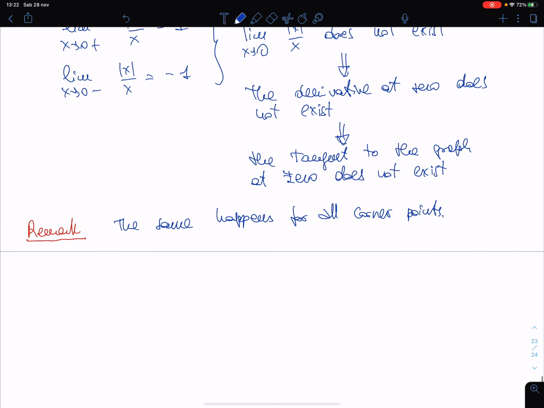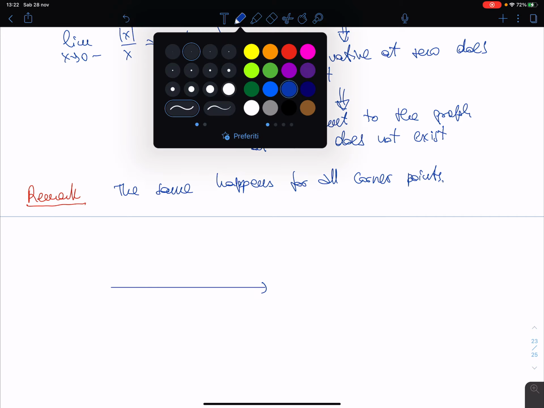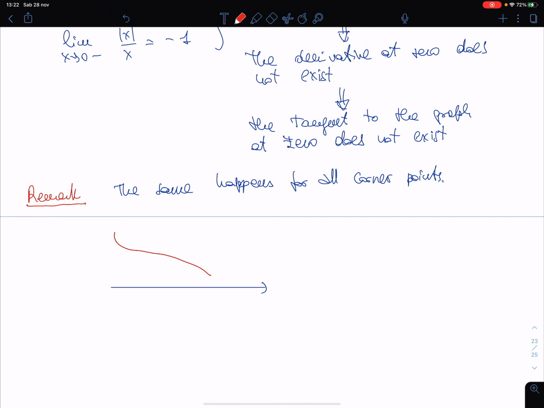When you have a corner point, for instance, a function like this, and then it starts again like this. This is a non-differentiability point.